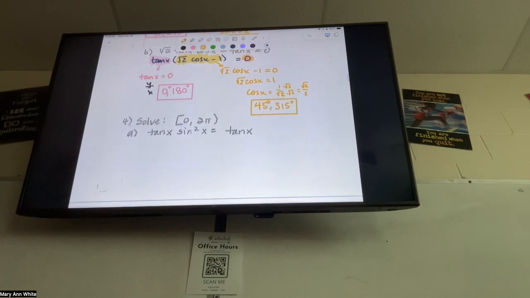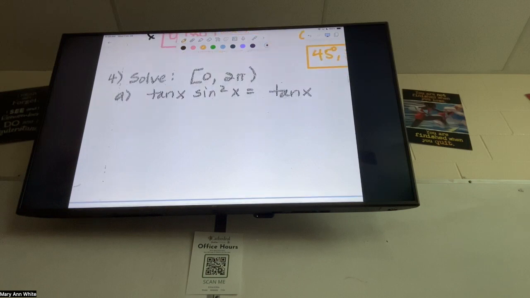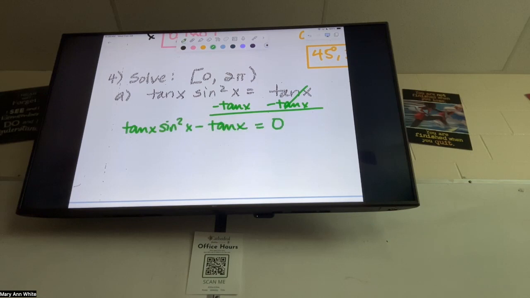So if you notice on the last ones, we had 0 all by itself, so this time we need to move tangent over, so we have a 0 all by itself on the right side. I'm gonna minus that tan from both sides. Tan x sine squared x minus tan x equals 0. So now we take that tangent out of everything, right?